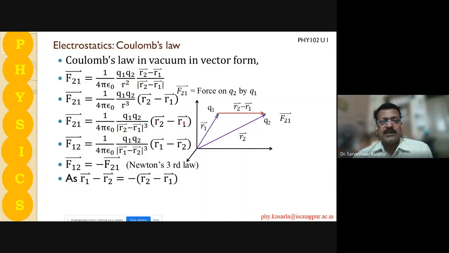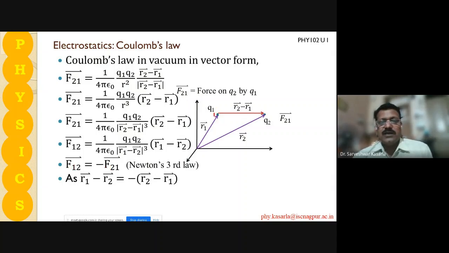Similarly, F12 means the force acting on charge q1 due to charge q2. That is equal to 1 upon 4 pi epsilon 0 q1 q2 upon mod r1 minus r2 cubed into r1 minus r2, and F12 is equal to minus F21. Newton's third law is verified because these two forces are equal and opposite.